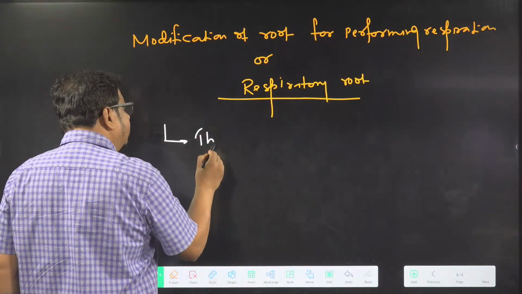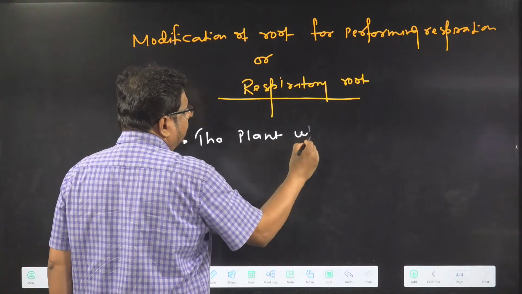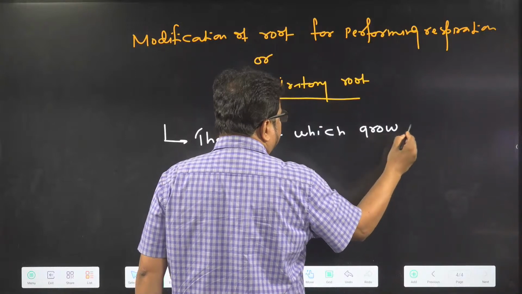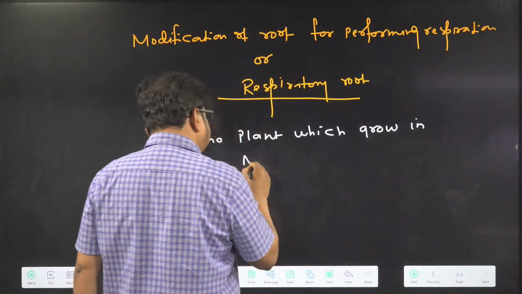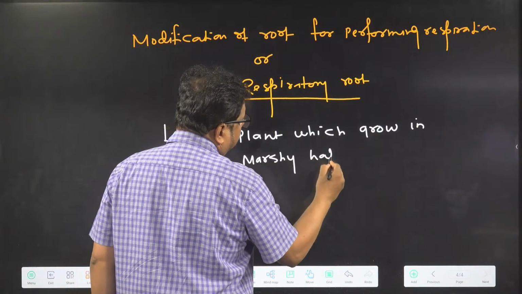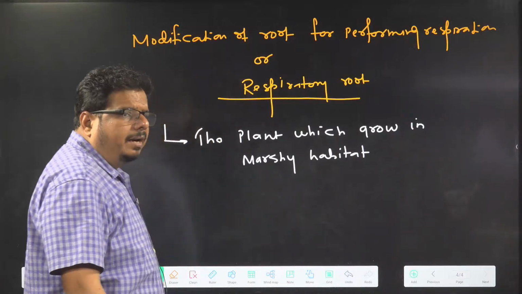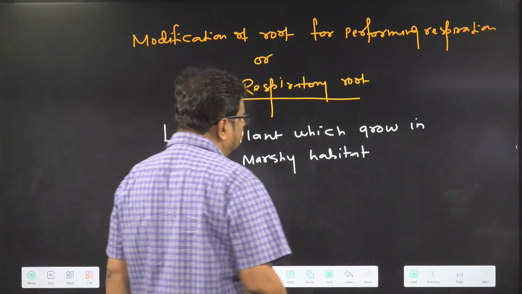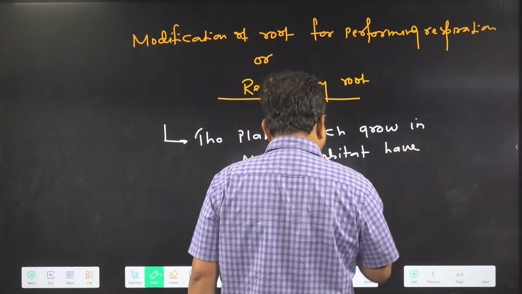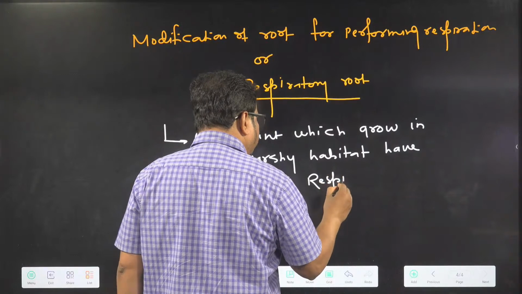The plants which grow in marshy habitat have a respiratory root.